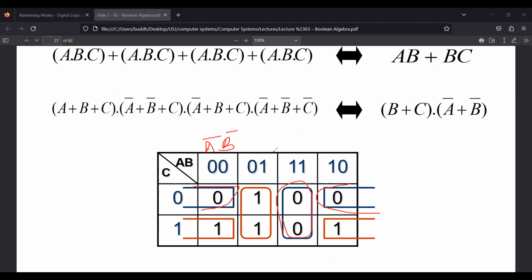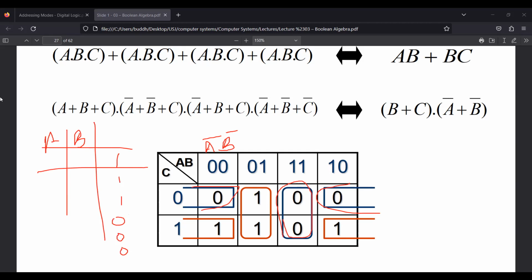And since it is SOP, as you remember, when you are deriving the expression by using the truth table, you can consider ones also and zeros. So I did in last week. And if you're using zeros, you are deriving the expression in the product of sum. So here also we can use the same. So here also we are deriving the answer in the product of sum format, right?